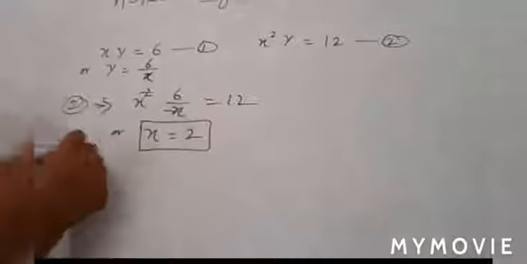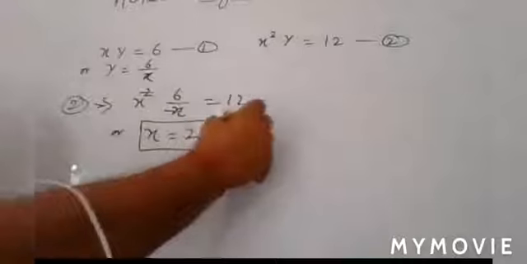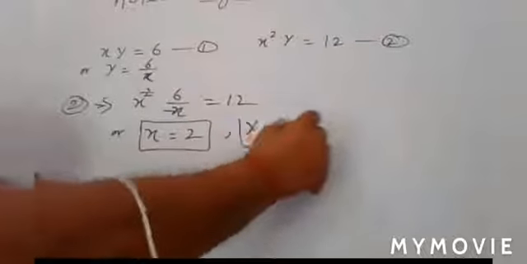From this equation y = 6/x. Put it in the second equation: x² × 6/x = 12. That cancels out, and here you have x = 2, so y = 3.